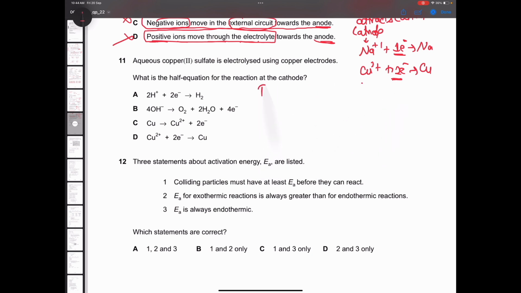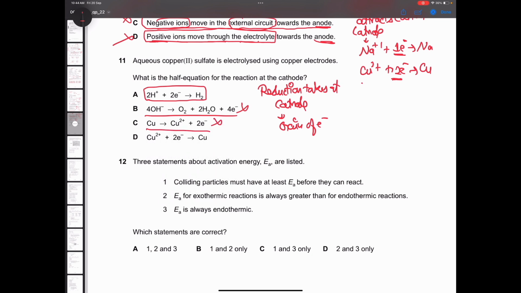We know that reduction takes place at the cathode, which means gain of electrons must be there. Now this does look like gain of electrons. This is not gain of electrons. This is also not gain of electrons. And this is also gain of electrons.